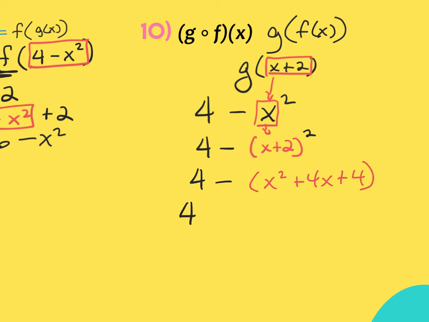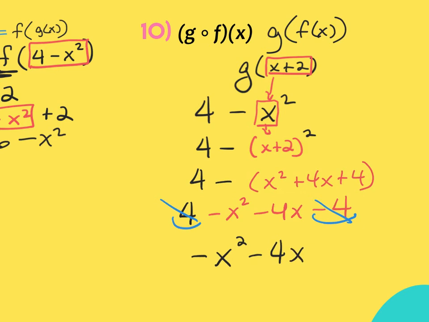So this will become 4 minus x squared minus 4x minus 4. Now I'll go back and look for any like terms. So I have a 4 minus 4, which becomes 0. So the final answer here is just negative x squared minus 4x.